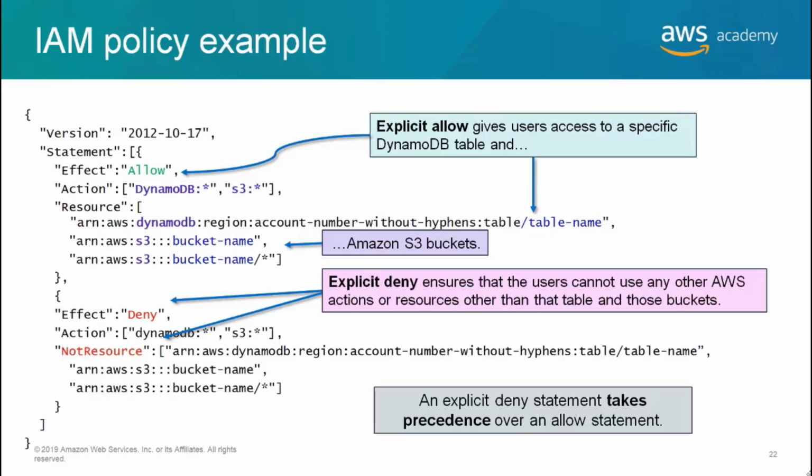And this is an example written in JSON as a script in these security policy documents. You can see there Effect equals Allow means explicitly allow, giving the user access to a specific resource; in this case the action is DynamoDB and S3. So you are allowing them to access this DynamoDB. You can say Deny, maybe Effect colon equals Deny. In the second part, you can see Deny.